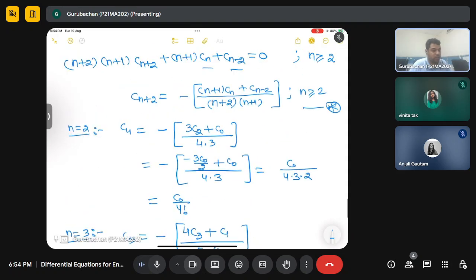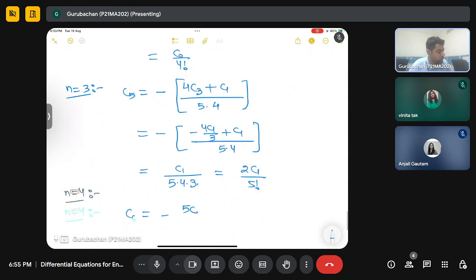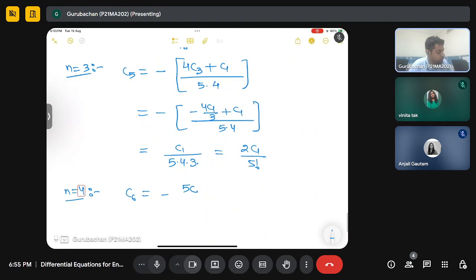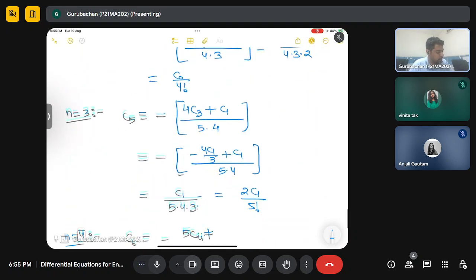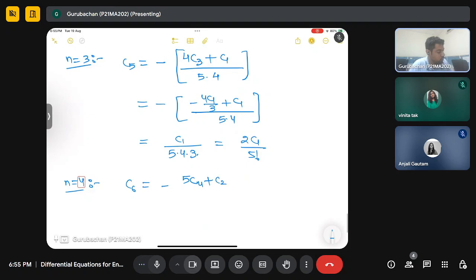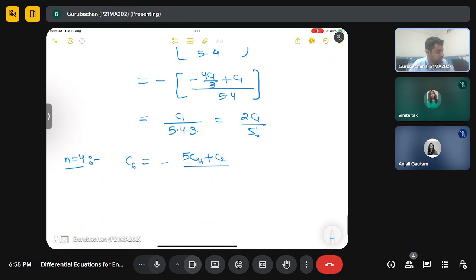Now we put n equal to 4 in this relation. So we will get minus 5 times C4 plus C_{n-2}, that is C2, divided by this 4 we are putting, so it will be 6 into 5.